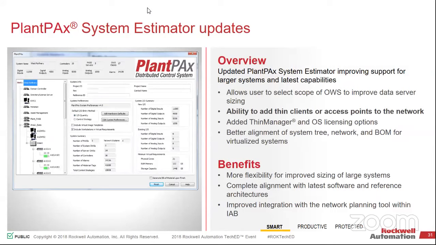That's a big plus. So that helps put everything together. And because of that, when you build your BOM tree and your virtualization systems, it makes things look a little more seamless.